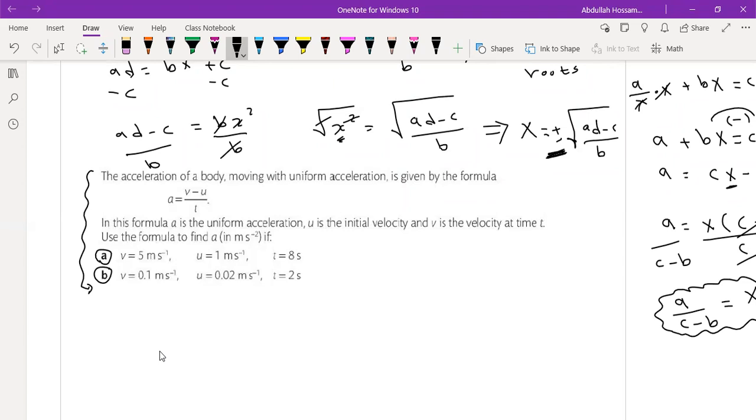For A equals what, and on B, the answer is what? All what you need just to substitute here. A equals V minus U over T.